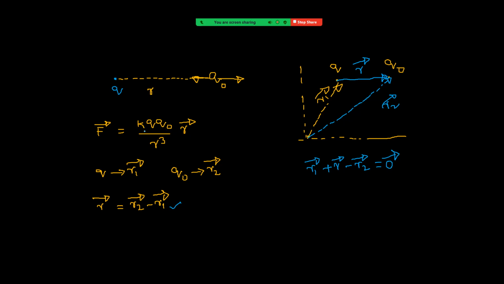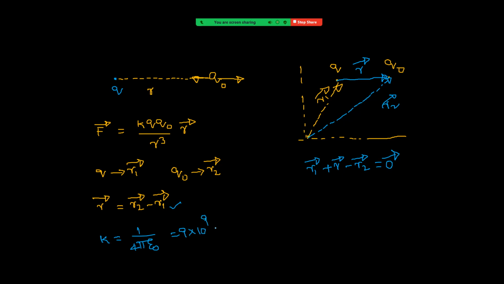Okay, now coming to here, what is K? K is a constant which depends on the system of units we are taking. And in this chapter, we are focusing only on the SI system. In that system, the K value is 1 by 4 pi epsilon naught, and its value is 9 into 10 power 9.